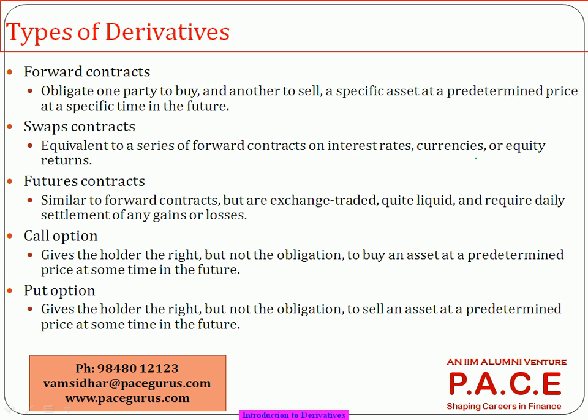Then the third set of derivatives, which are the swaps, they are also more like forwards, but you can treat them as a series of forwards. See, forward, as we said, it is an agreement to buy and sell in future at a price which we are deciding today. Generally, it's a one-time activity.